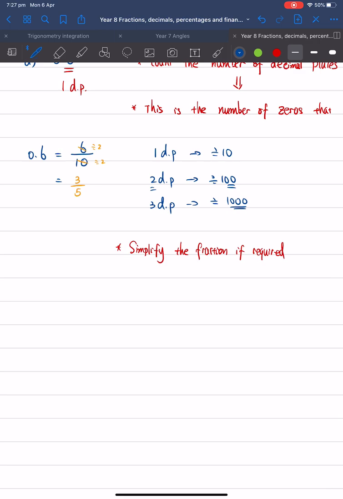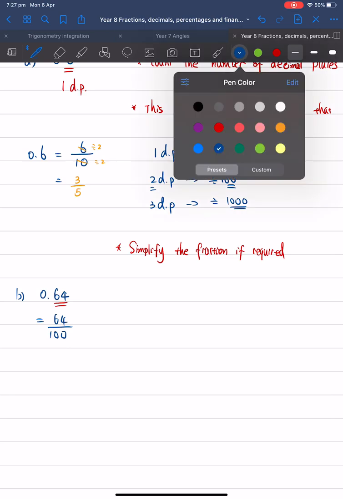What about if we have a number with two decimal places, say 0.64? According to the rule, we divide 64 by 100 because 100 has 2 zeros. Then we simplify this answer.